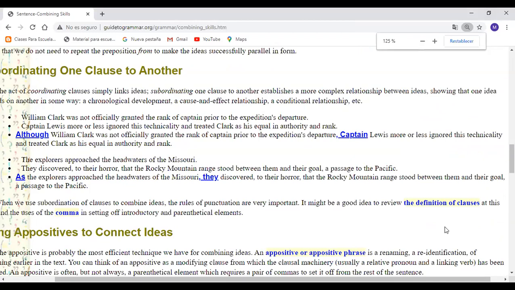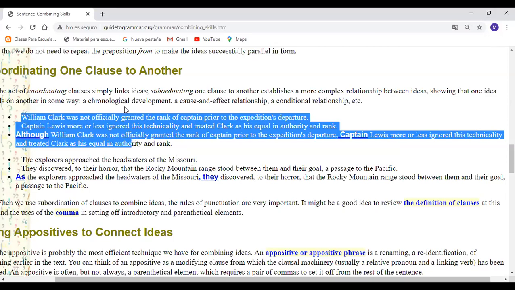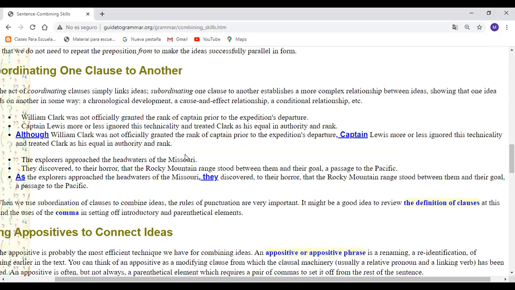The 3 sentences, okay. Also, guys, try to identify with another color or with underline the subordinating conjunctions.